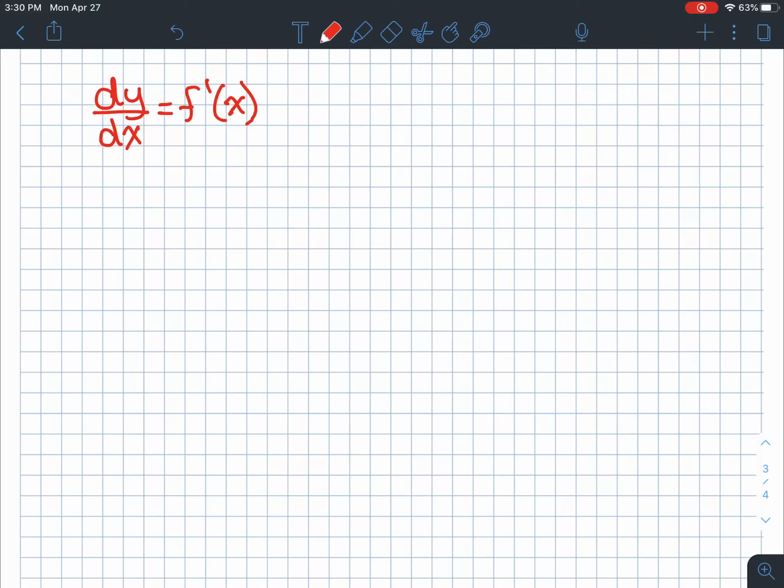Also, this dy by dx can also be written like this with the f of x, because f of x is just replacing y. So it's just expressing the derivative of the function, f of x or y. So all of these things are just notation for the derivative.